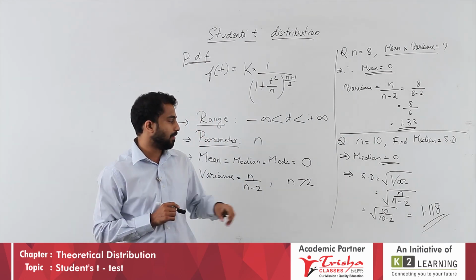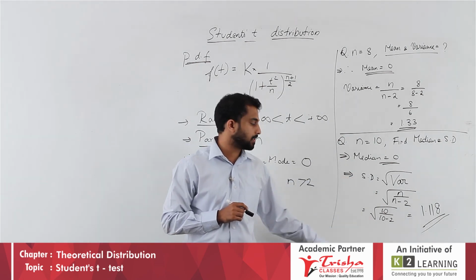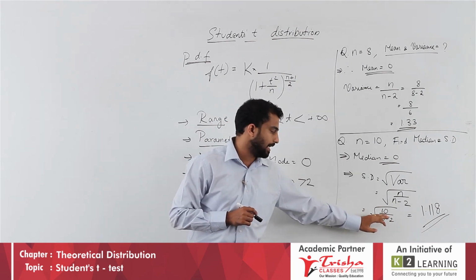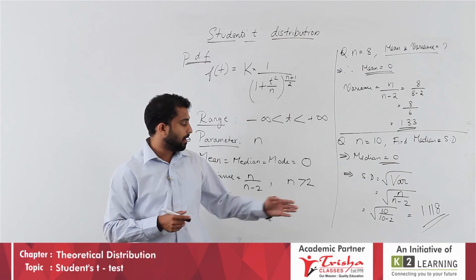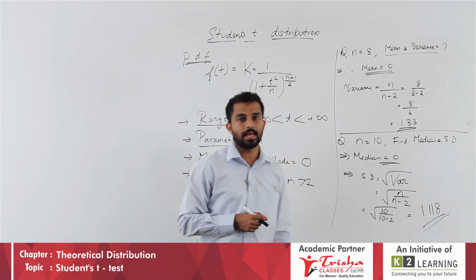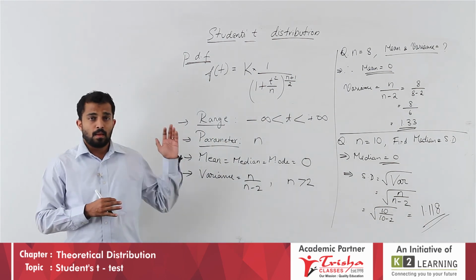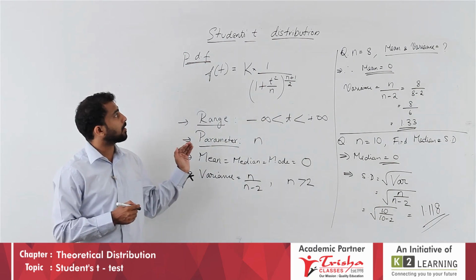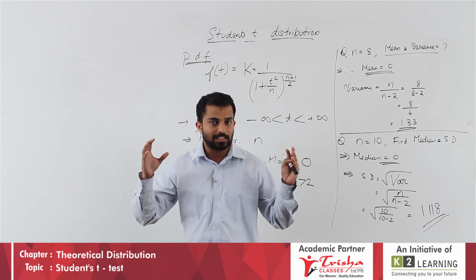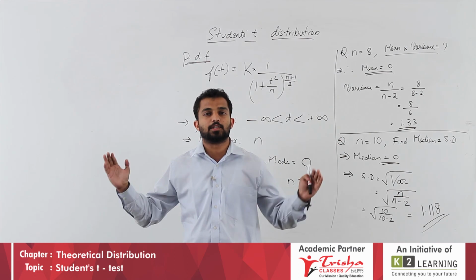You will get 10 minus 2, which is 10 by 8. 10 by 8 is 1.25, and the square root of 1.25 is 1.118.